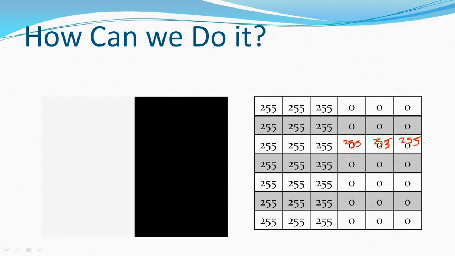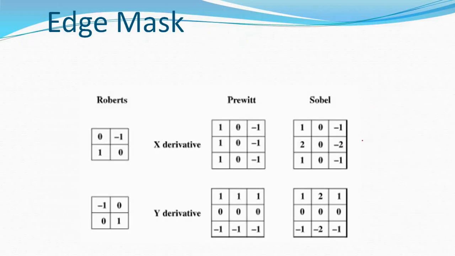So for the horizontal edge we will require a mask which does up minus down or down minus up. In this way we can have two types of masks: an x derivative and a y derivative. So similarly there is an x detection mask and a y detection mask.